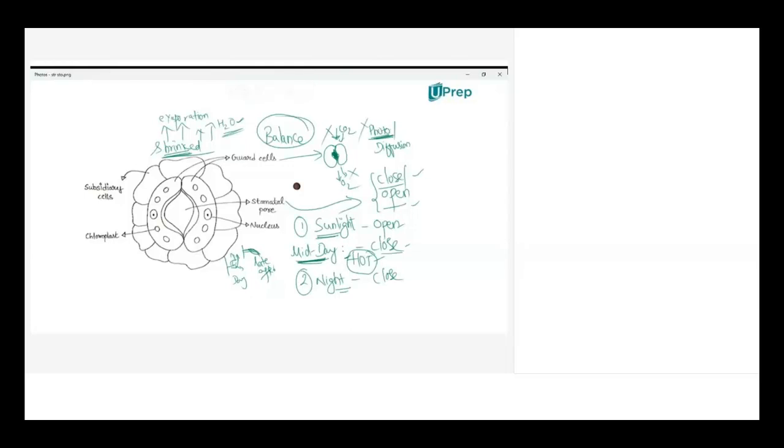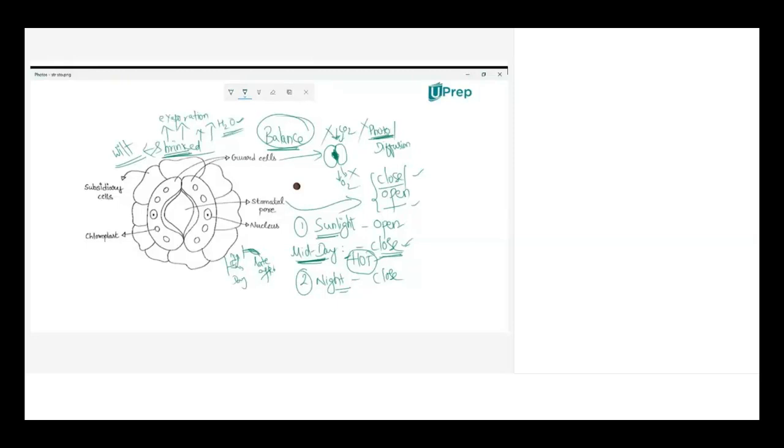So in order to avoid such unlimited loss of water by transpiration, the plant balances the loss of water by closing the stoma. Closing the stoma means there won't be any diffusion of gases. The gases cannot come in and cannot go out. So all the processes will be closed, not even photosynthesis, not even transpiration.